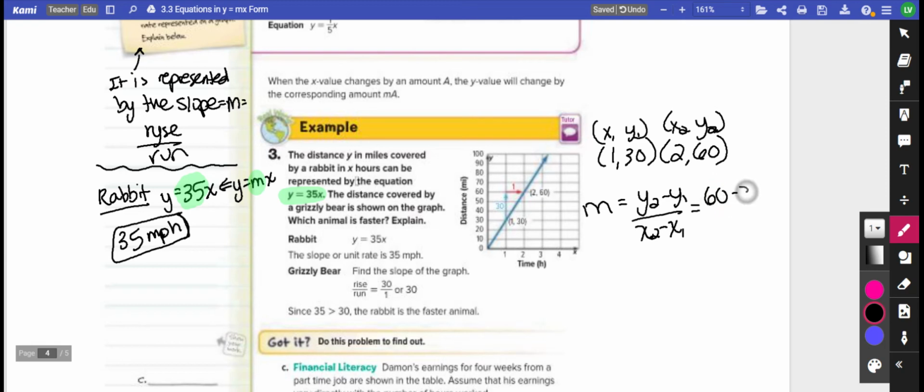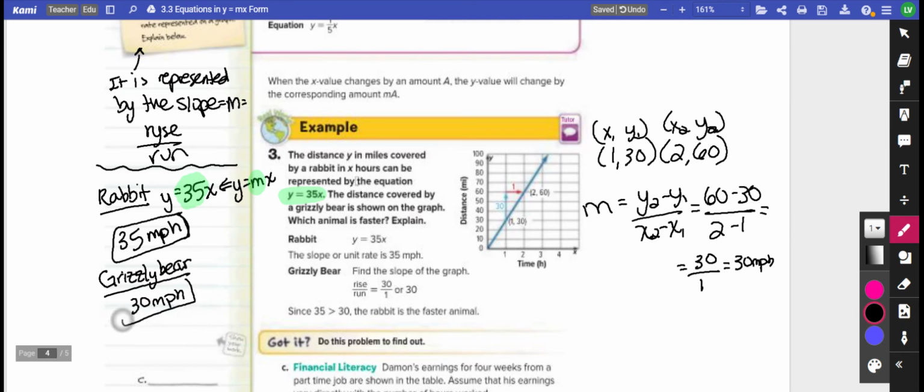So 60 minus 30 divided by 2 minus 1. That gives me a numerator of 30 divided by a denominator of 1. So that means that the grizzly bear is traveling 30 miles per hour. So if I write that over to the left, grizzly bear is at 30 miles per hour.